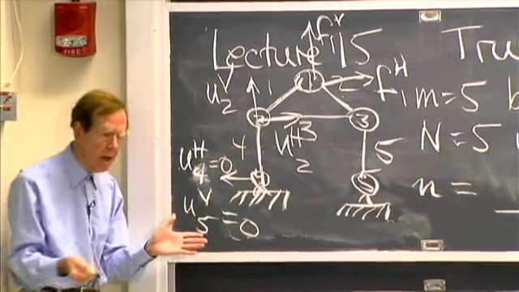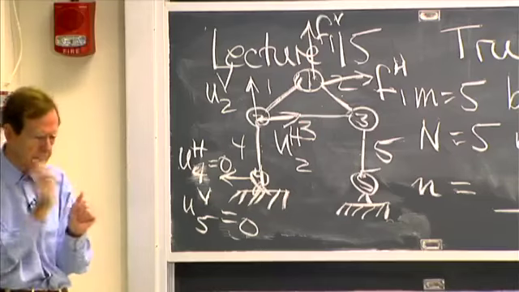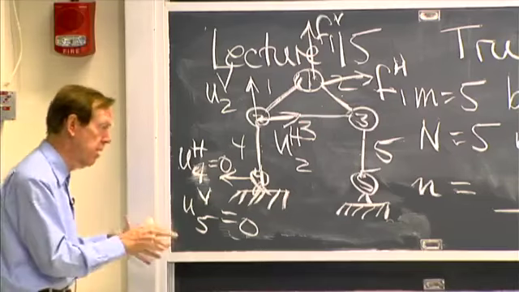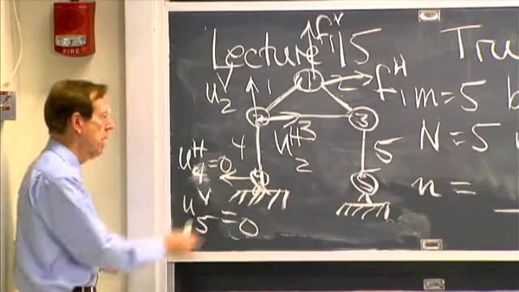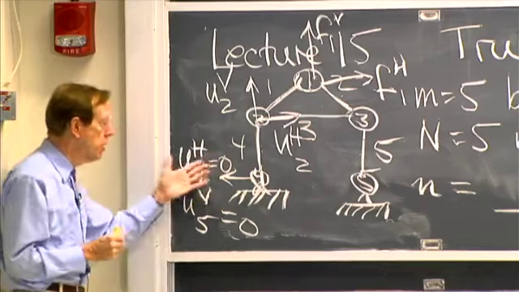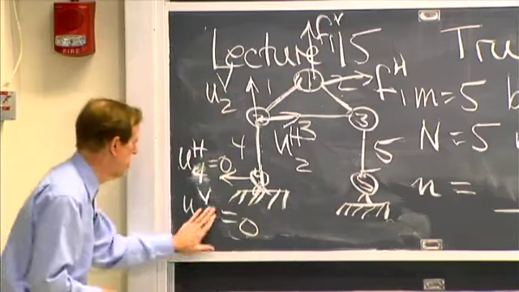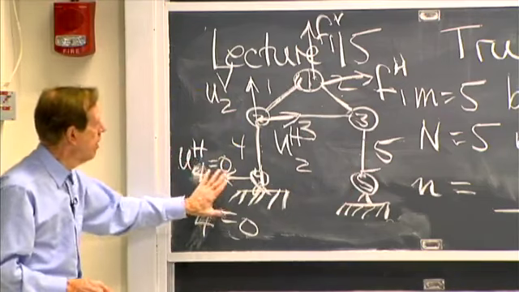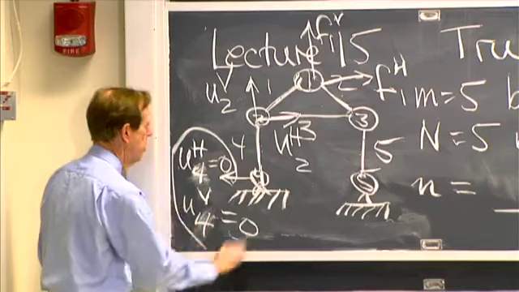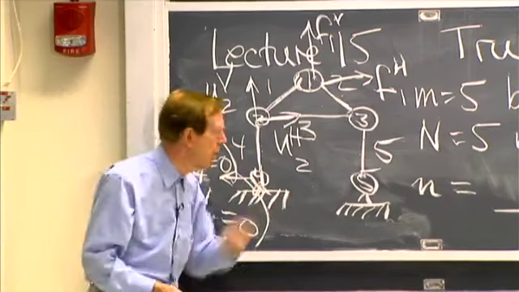It's like grounding a node in the electrical case. We just see this pattern over and over, and we want to see what it looks like for trusses. So here's a support that fixes those. Those are not unknowns, and similarly they're not unknowns there. Those are boundary conditions, end conditions, and similarly here.